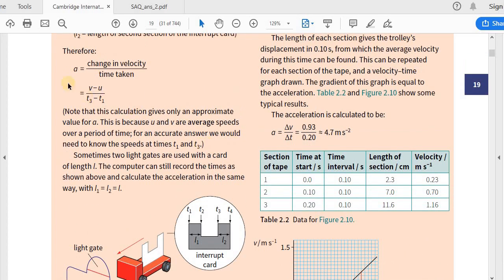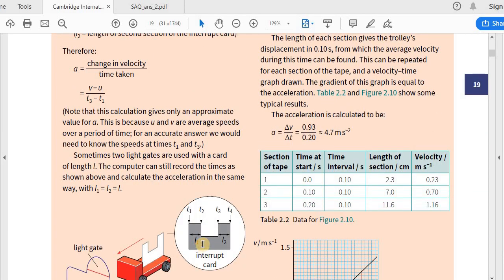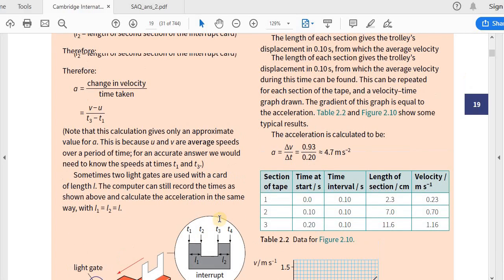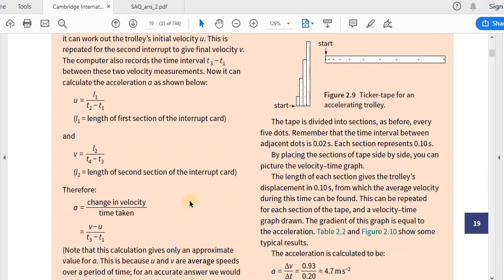Now we will see over here. We know how to find the V, we know how to find the U, and the time taken is T3 minus T1, because that is the time for the change in the velocity, V minus U. So this is what I explained. U, the initial velocity, is the length of the card L1 divided by T2 minus T1, and over here V is L2 divided by T4 minus T3.